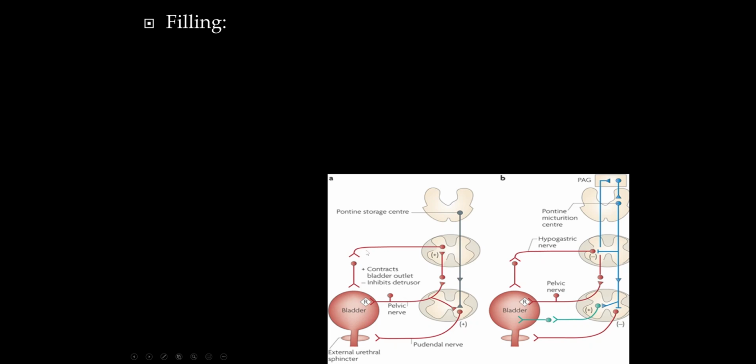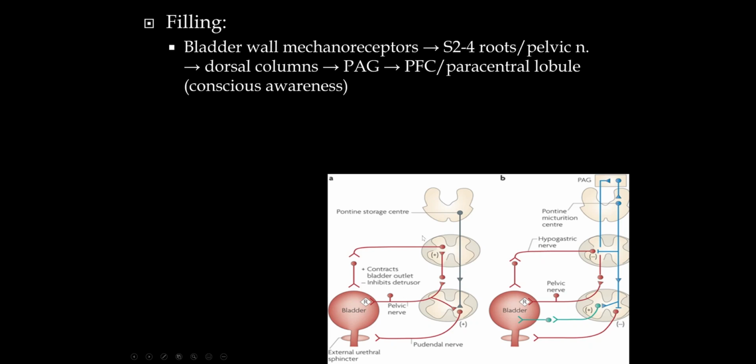So by two mechanisms, it will inhibit voiding. And the pelvic nerve also will activate these anterior horn cells. This is Onuf's nucleus. These are somatic motor neurons, voluntary control. So it activates them to keep your external urethral sphincter closed down tightly. Okay, so that's normal filling.